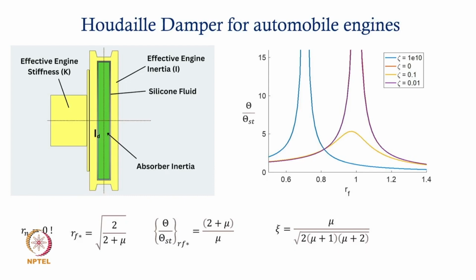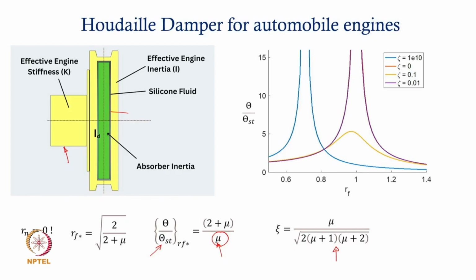So the question will be how to choose mu, but you can actually decide how much allowable torsional deflection the shaft can bear. So again, from the stress consideration, theta can be limited, and with that limiting value of theta, mu gets decided. Once mu gets decided, then you have only this expression to figure out what should be the effective damping coefficient provided by this fluid in that cavity.